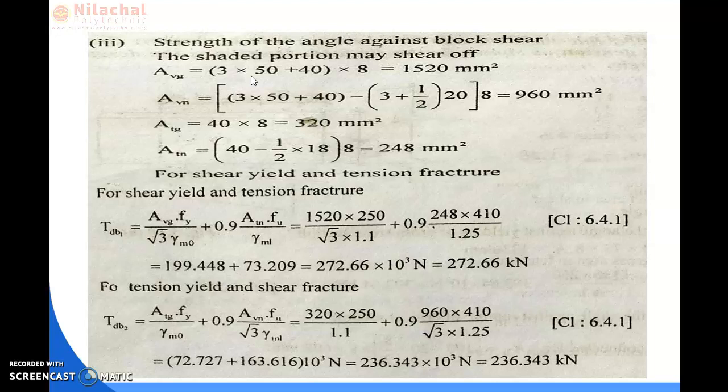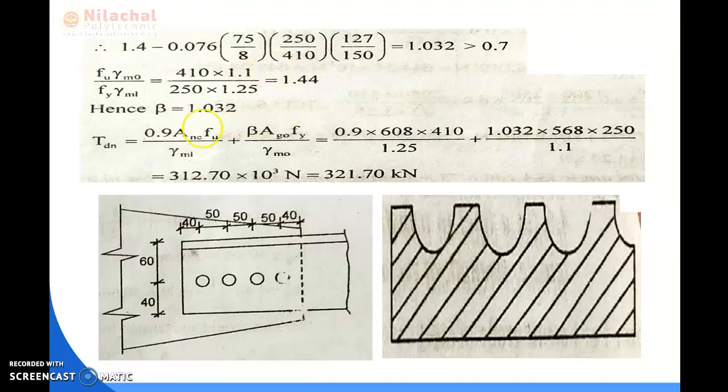cross section area of the block shear along the V line. So the formula is the width of the block shear along the V line multiplied by thickness of the block shear portion. So the total width of the plate of block shear along the V line is from here to here.